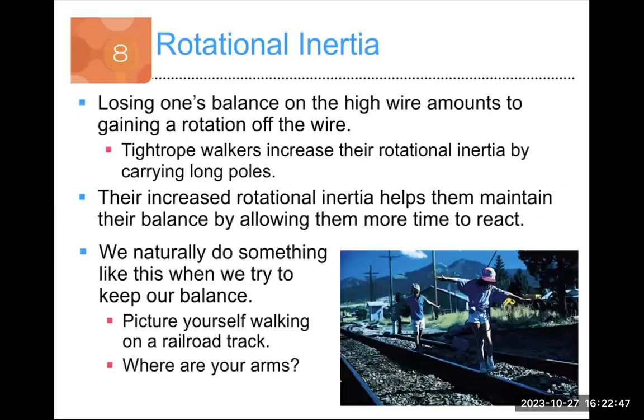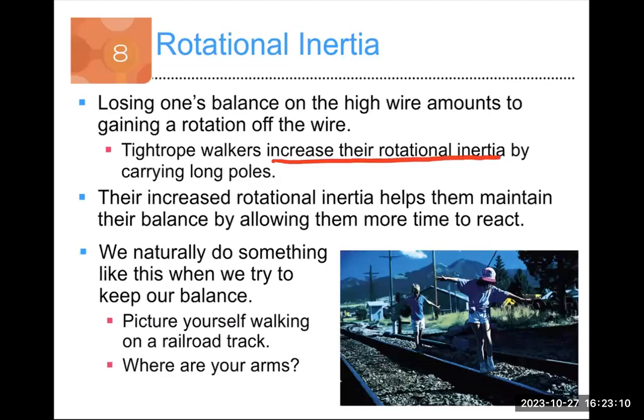Have you ever gone to a circus and seen people walking on the high wire? Well, when they're holding that pole, they're actually increasing their rotational inertia by carrying that pole. So that's what's allowing them to balance.